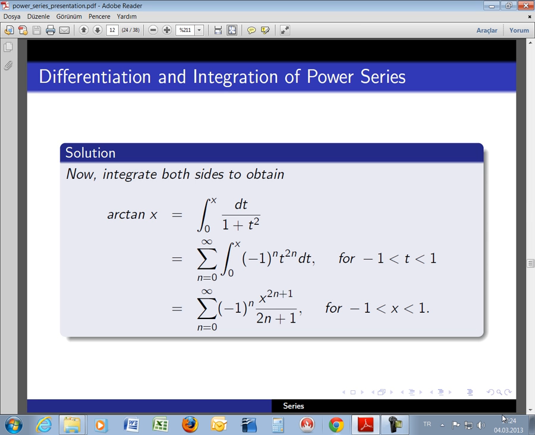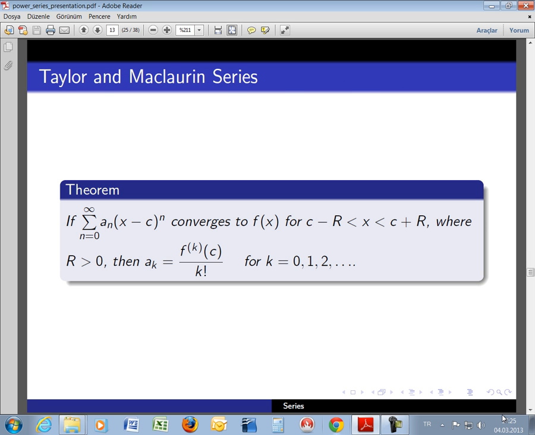And using geometric power series, we obtain power series representations of some functions. But now we may ask the following question: do all functions have a power series representation?